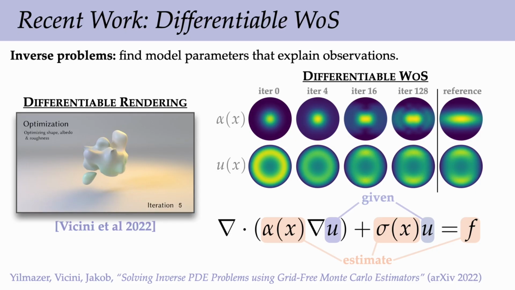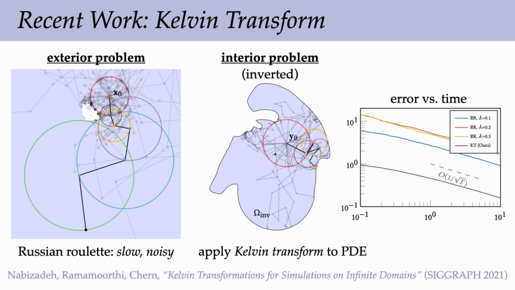And likewise, in scientific or engineering problems, you might want to know, for instance, what was the density or what was the electrical conductivity or what were other parameters of your problem varying over space that produced some kind of physical measurement or observation. There's some very nice work on making exterior problems more efficient. So let's say I want to solve a PDE on the outside of a shape rather than inside.